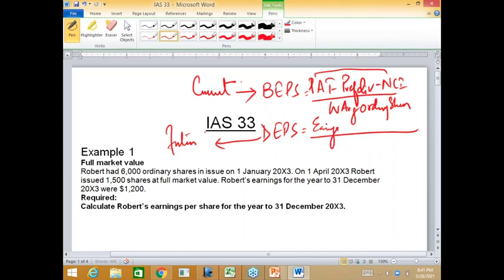In the numerator, we will have earnings, and the denominator will have weighted average ordinary shares plus notional shares. That's the formula that we use for the calculation of earnings per share.